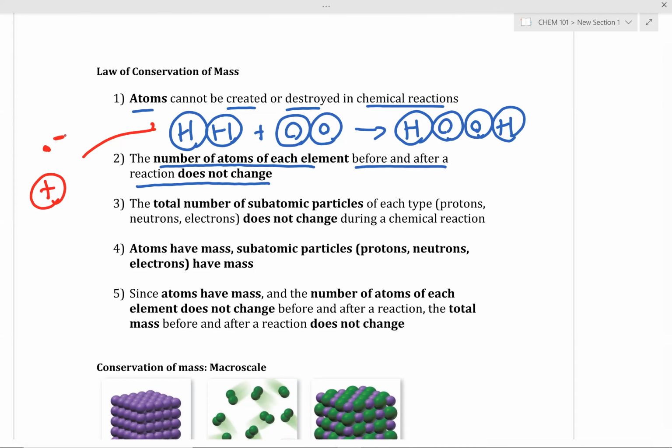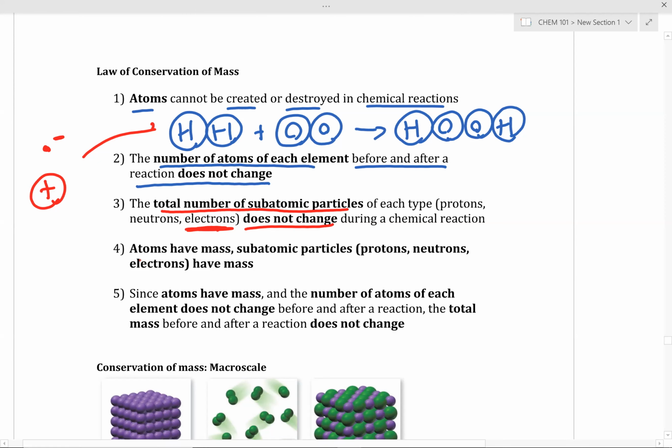If the atoms aren't changing, these particles aren't changing in amount. This is really important, and I want you to underline this. Subatomic particles do not change during a chemical reaction, and you especially want to think about this for electrons. There are reactions later in this class that involve the transfer of electrons, and I always want you to keep in the back of your mind that the total amount of electrons is not changing.